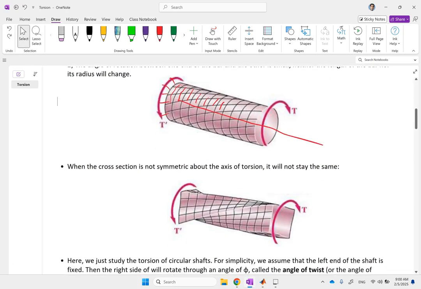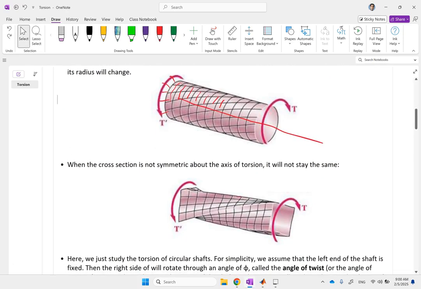But if the shape does not have symmetry about the axis, like basically a square cross section, here clearly the distances of different points on this cross section from the axis are different, so it doesn't have symmetry.